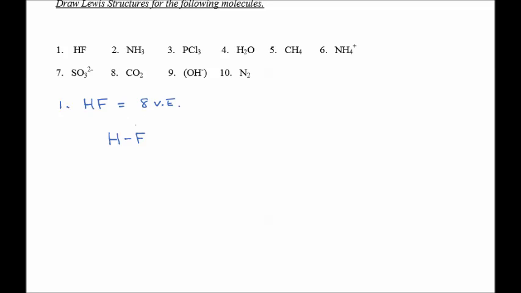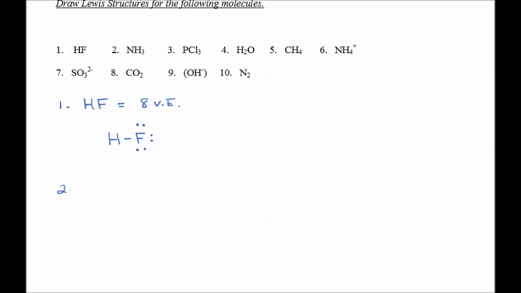We take the 6 left, and we know fluorine, to follow the octet rule, has to have those 6 electrons. So now hydrogen is touching 2, and fluorine is touching 8. So that's basically it.